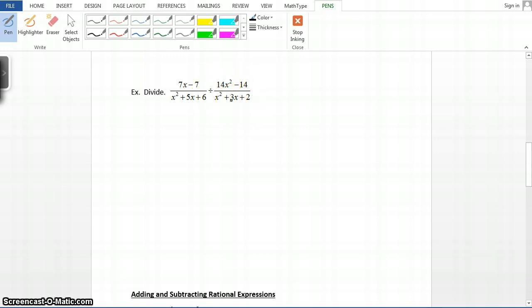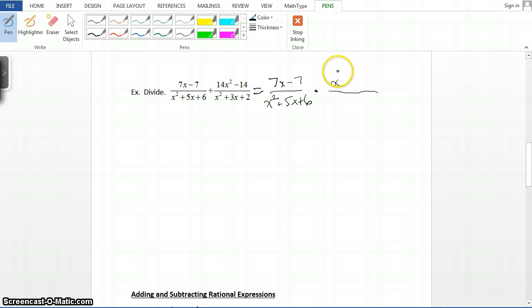So I'll rewrite the problem and then we'll factor, because it's going to be a multiplication problem just like the previous example. So if I rewrite it, I'll factor in a minute. 7x minus 7, and this first rational expression stays the same, x squared plus 5x plus 6. Okay, we're going to change division to multiplication. Let's flip over this second rational expression.